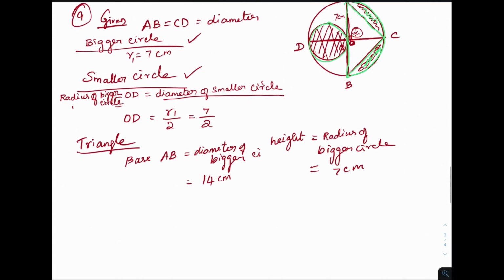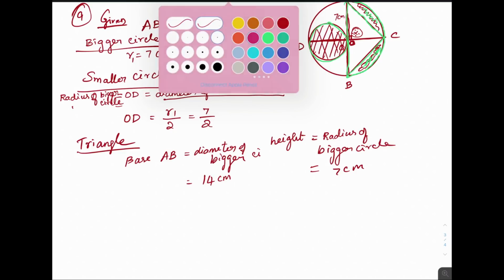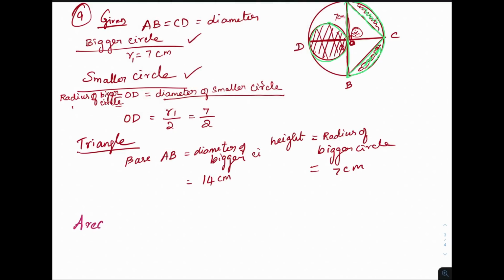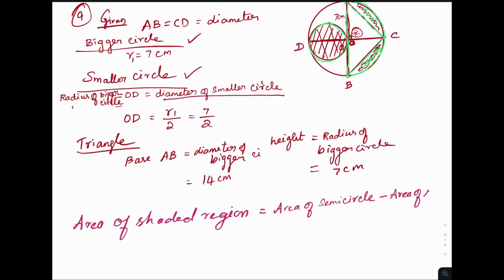Now we'll write: area of shaded region is equal to area of semicircle minus area of triangle plus area of smaller circle.